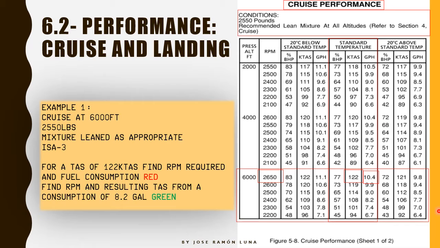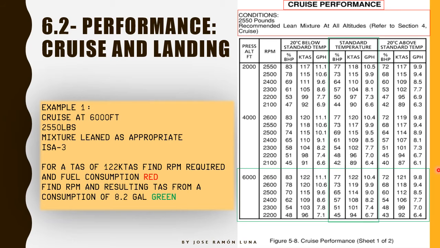So how do we do it? The way to start is exactly the same. Go to the standard temperature and go to 6,000 feet. We get this 6,000 feet because we are cruising at 6,000 feet. We get that standard temperature because it's the most restrictive. Okay, -3 degrees from ISA. We're going to be taking it as standard temperature. Later, look for the data that you were looking for inside this square.